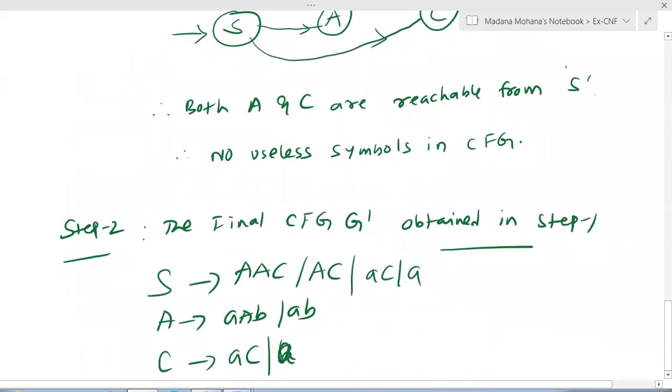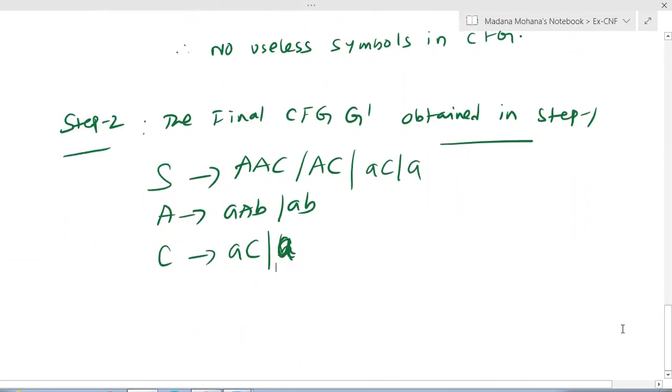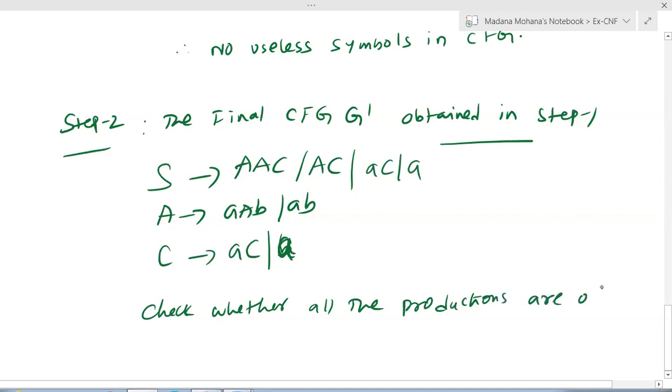Now you can see in step 2. What is step 2 here? If all productions after applying step 1 are of the form, that is, check whether all the productions are of the form A derives BC or A derives a.